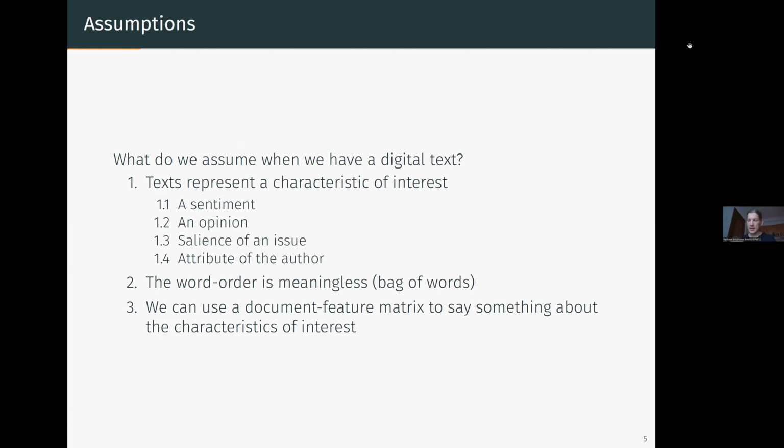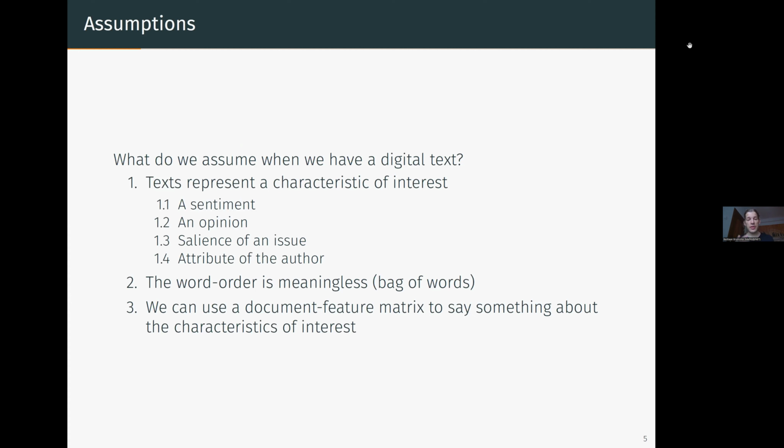Nowadays, and we'll go back to that later, with word embeddings, this is not necessary anymore. The reason we did it for a long time was because this was the only way to keep it computationally doable. And it turned out that using a bag of words actually gave quite good results.